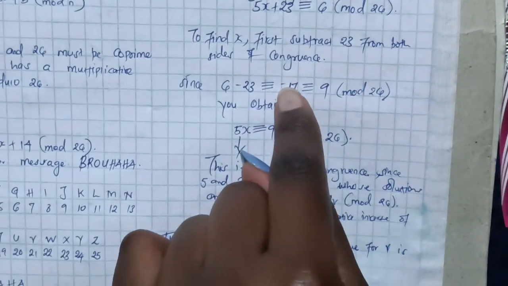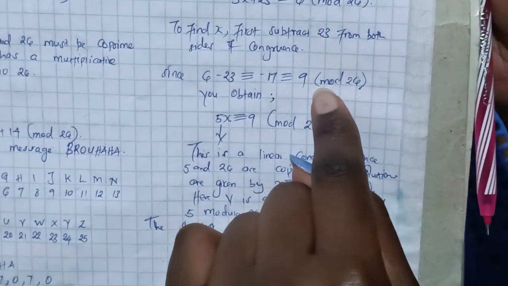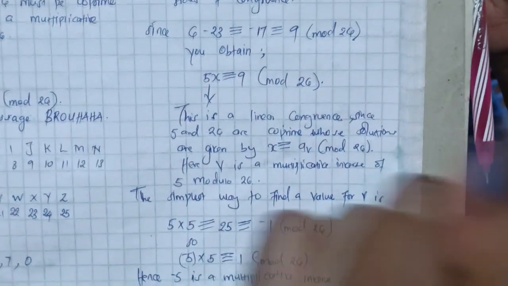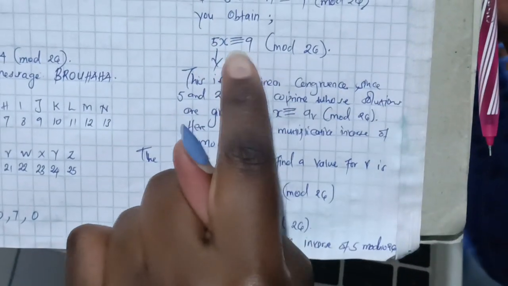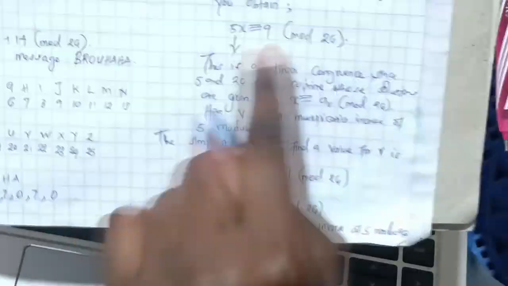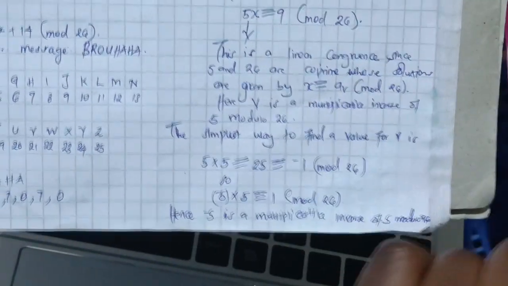And negative 17 modulo 26 is congruent to 9 modulo 26. So you obtain 5x congruent to 9 modulo 26.